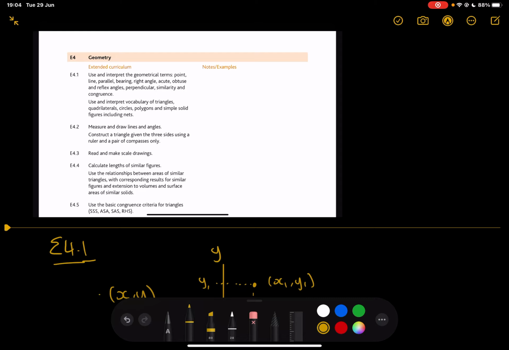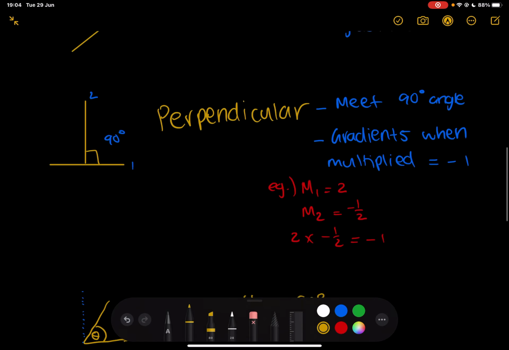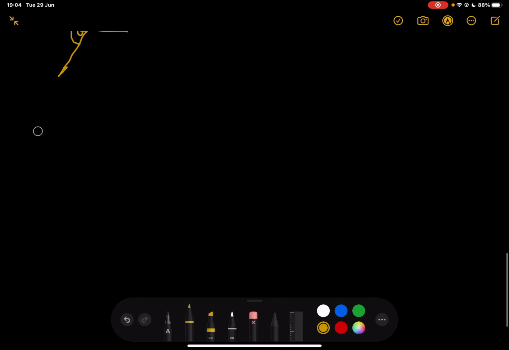The next thing is that it's asking for similarity and congruence. Let me just use examples. If we have a triangle that looks like this, and a triangle that looks like this, sorry for that.